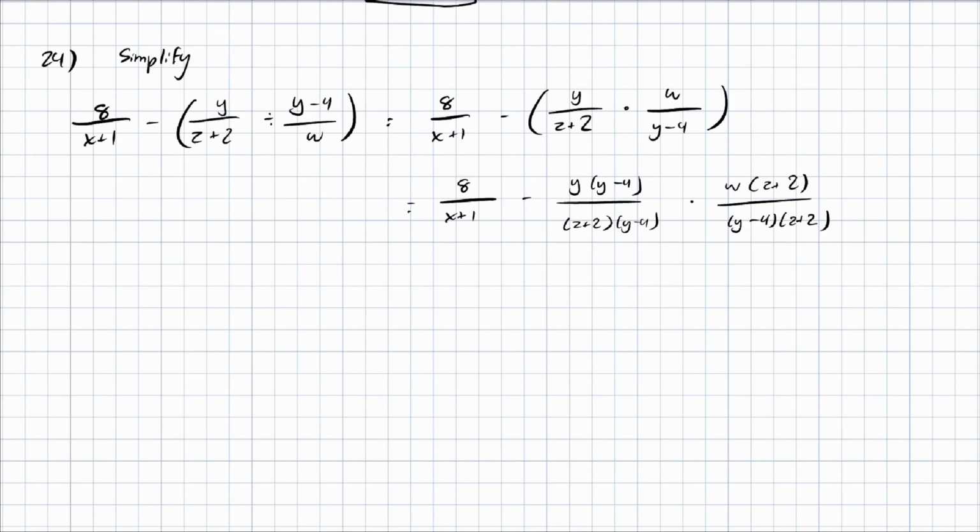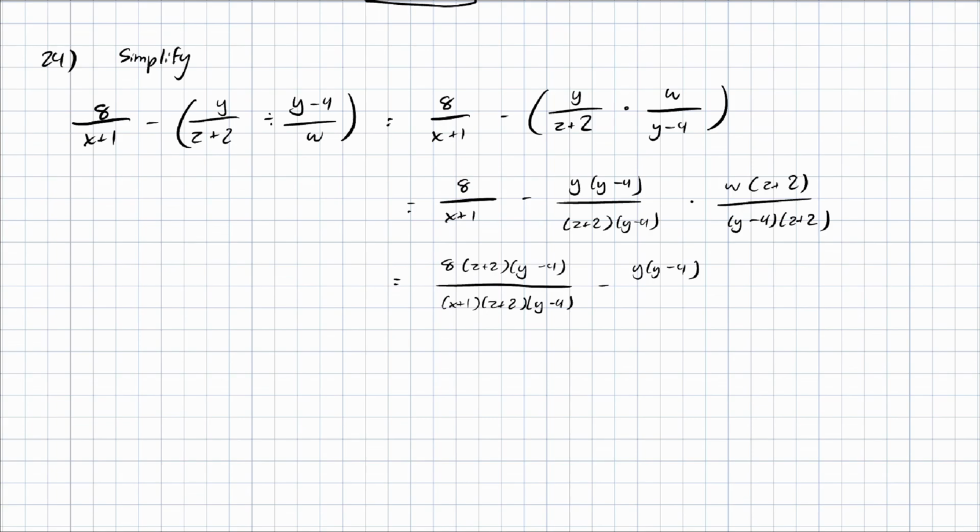Okay, this is where I get, actually let me do this. Okay, 8, missing the z plus 2 y minus 4 over x plus 1 z plus 2 y minus 4 minus y times y minus 4, right?